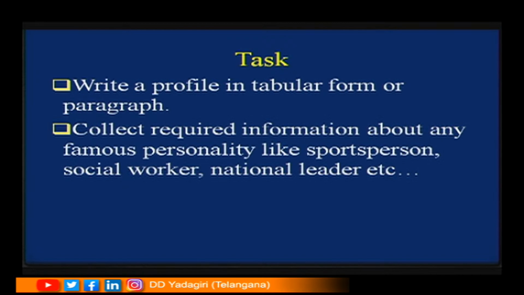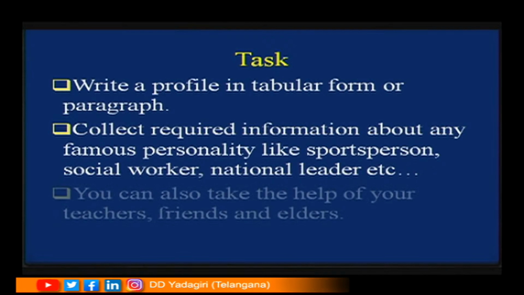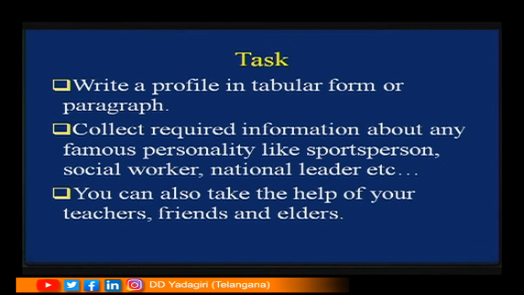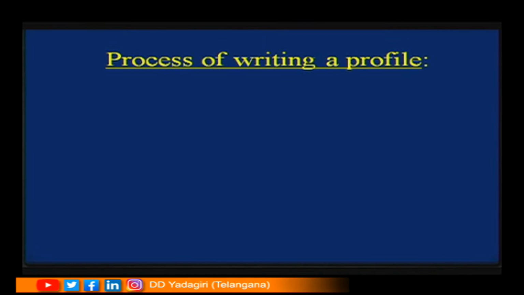Collect required information about any famous personality like sports person, social worker, national leader, etc. Whom do you like the most? At your wish, you can collect the information. You can also take the help of your teachers, friends and elders as well. So, this is the task that is assigned to you for the next work.